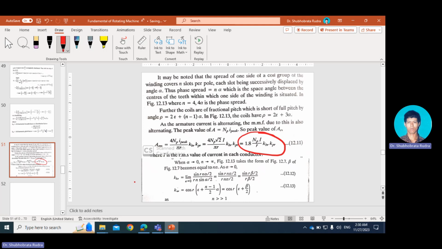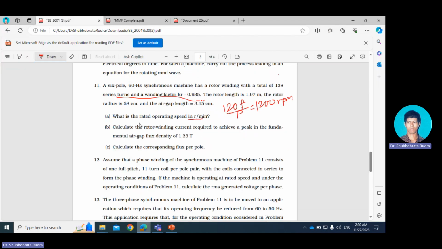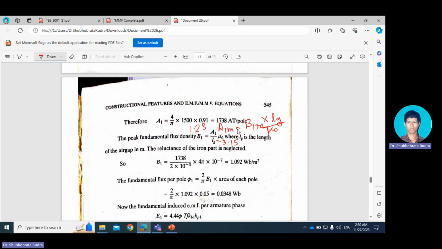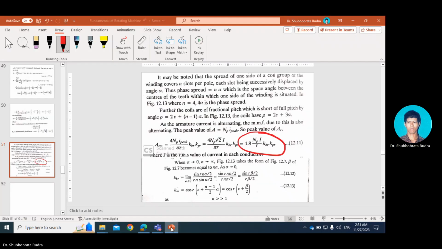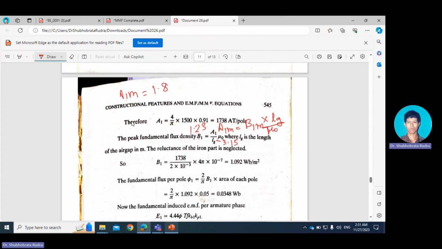Right. So what is that? You have your 1.8, so let us put that too. You have your A1M coming from here. Now A1M is equal to 1.8 NP, that is the total number of turns per pole.